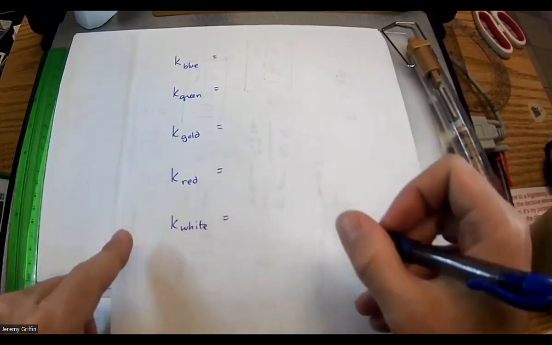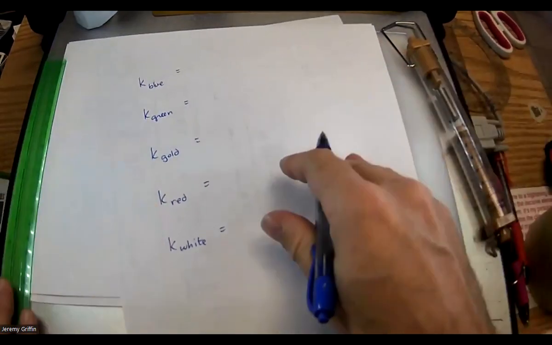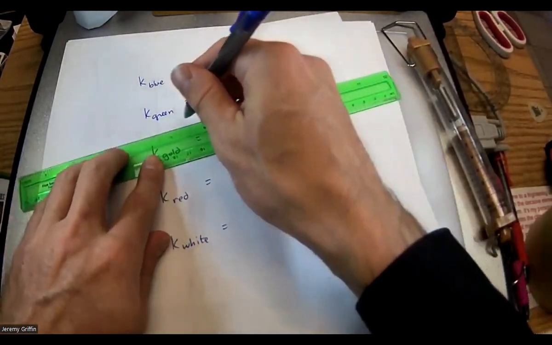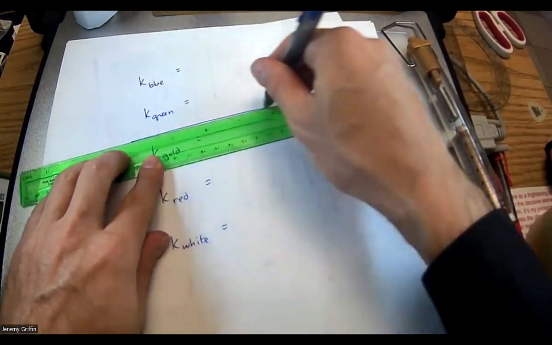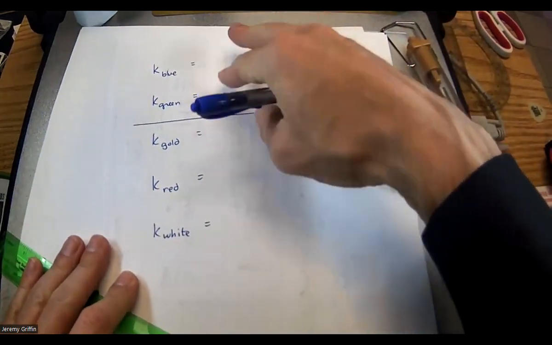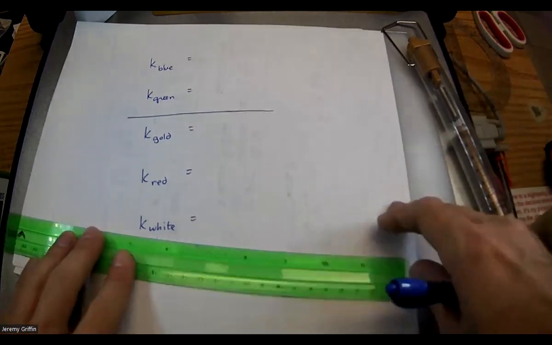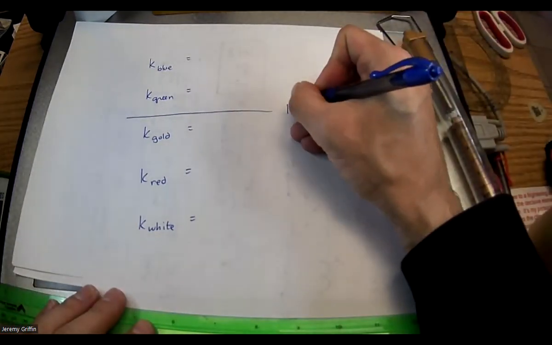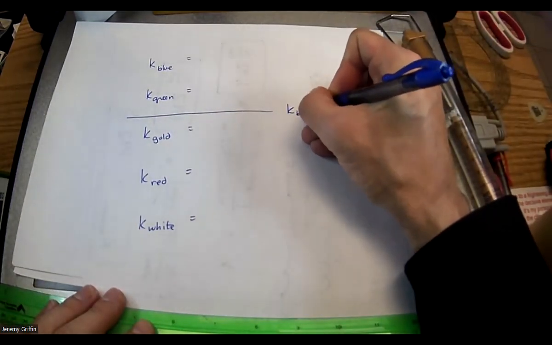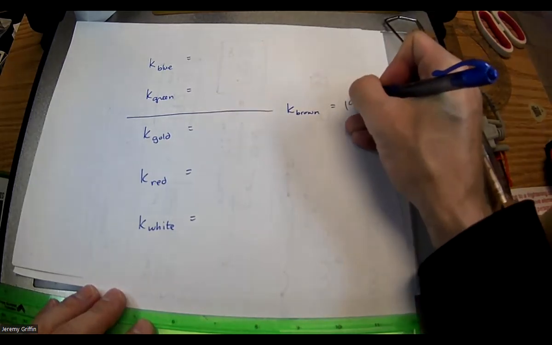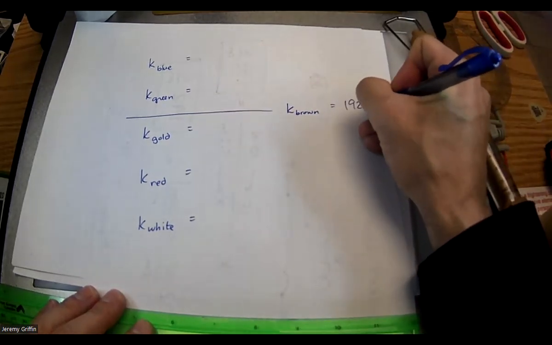I forget exactly how they rank, but I do know that compared to the brown scale, the blue and the green are not as stiff, and the gold, red, and white are more stiff. I remember that at least. So here, I know that K Brown is 192 newtons per meter.